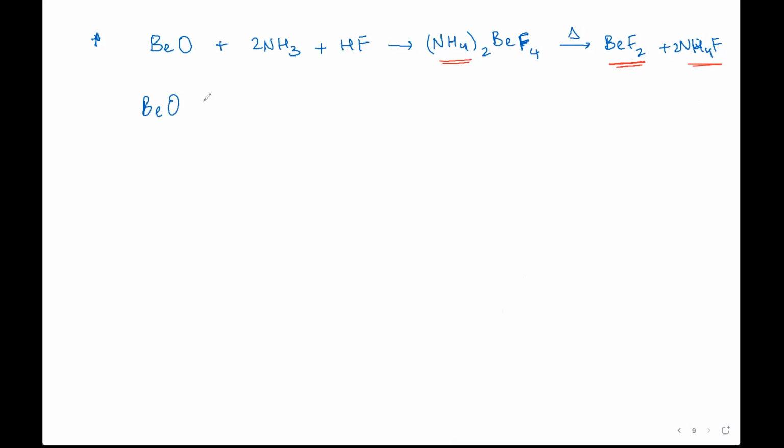There are 2 ways: either use coke and make it react with chlorine gas, or make it react with carbon tetrachloride. One takes place at 873 Kelvin, the other at 973 Kelvin. Both give you beryllium chloride and carbon monoxide gas.